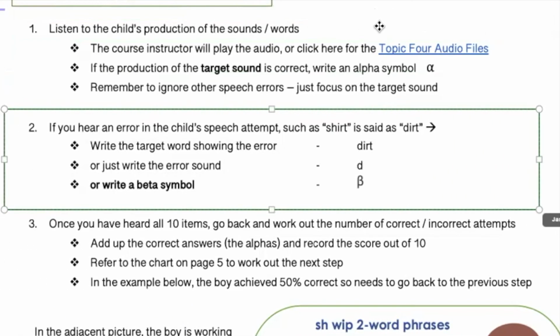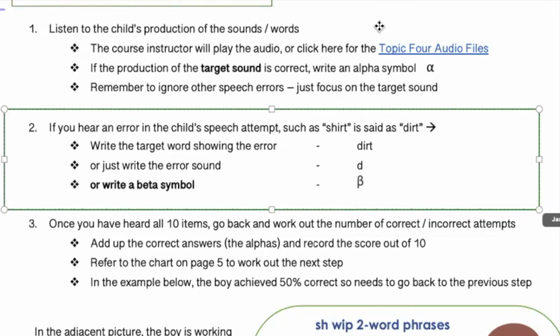Let's look at number 2. If we hear an error in the child's speech attempt when it's the target sound, for example, if we wanted sh at the start of words, in word initial position, but the client said dirt, we're going to write the word showing the error, dirt.